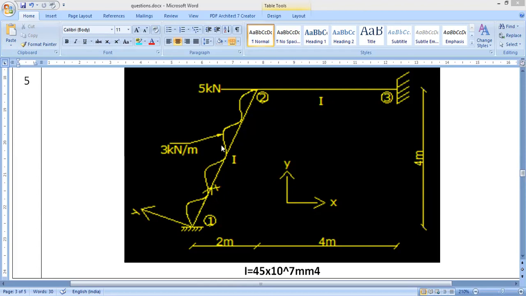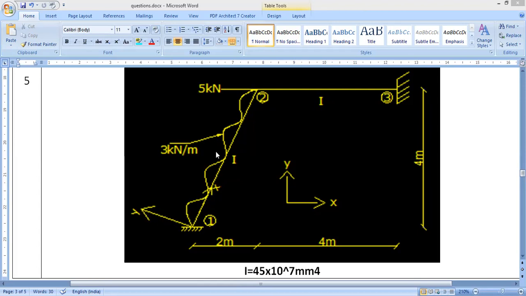Now, if you consider this force, then this force is acting against the positive direction of the local y-axis. Local y-axis is positive if the loading were in the other direction, along this direction, right?